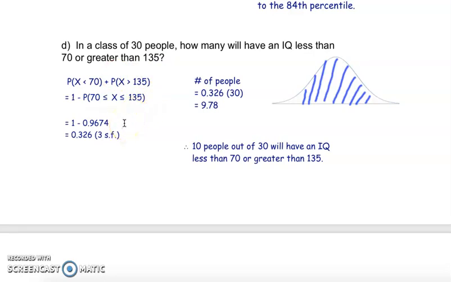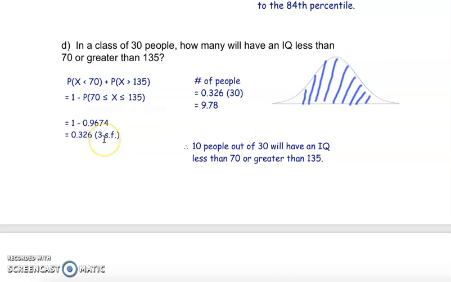If I use second function vars, normal CDF with a low bound of 70, a high bound of 135, mean of 100, and standard deviation of 15, it is 0.9674. Subtract that from 1.